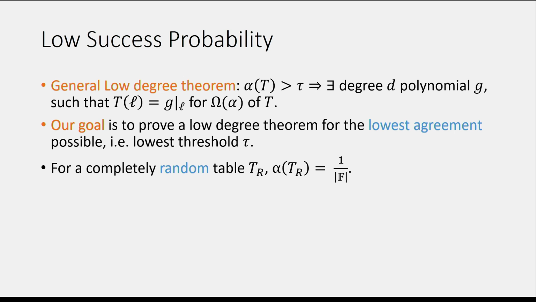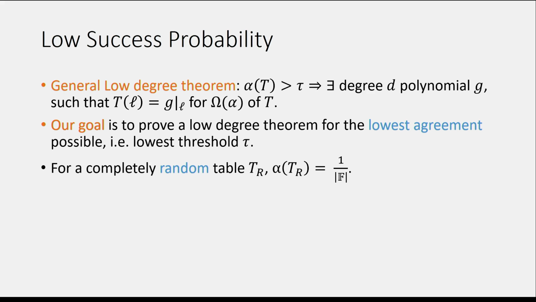So this table is still going to pass with probability 1 over the field size, because two random values in the field will be equal with this probability. But this table has no structure. It is not close to anything. It is just a random table. So the tau, the threshold, has to be at least 1 over the field size.